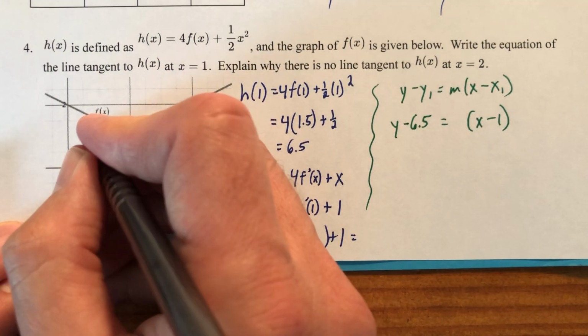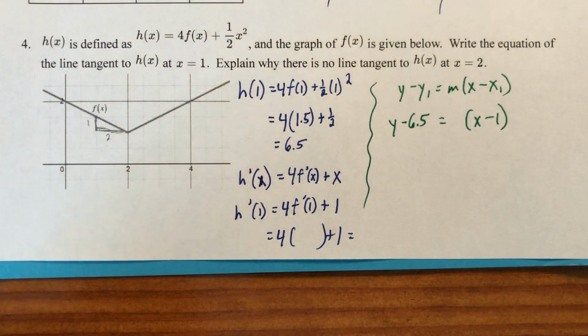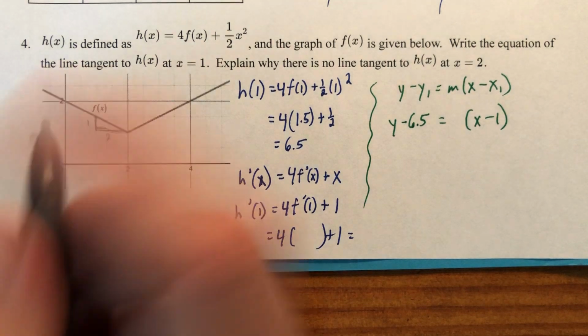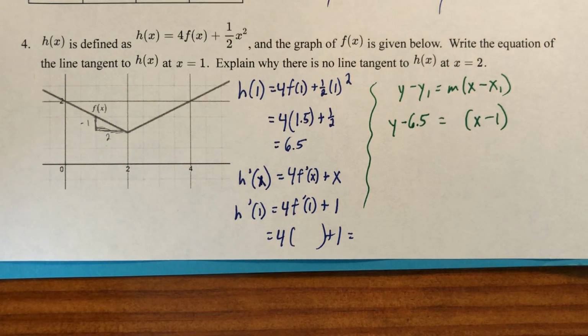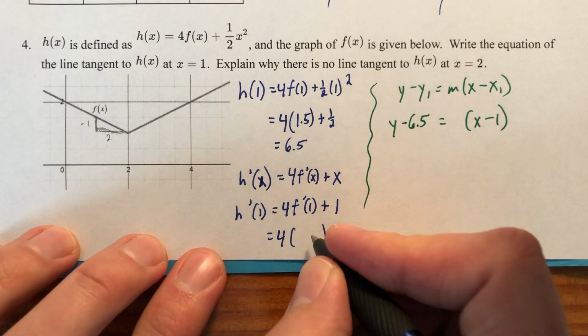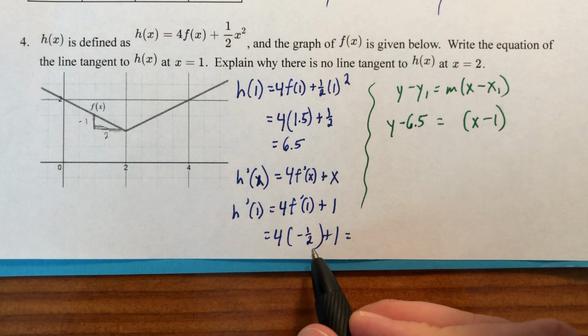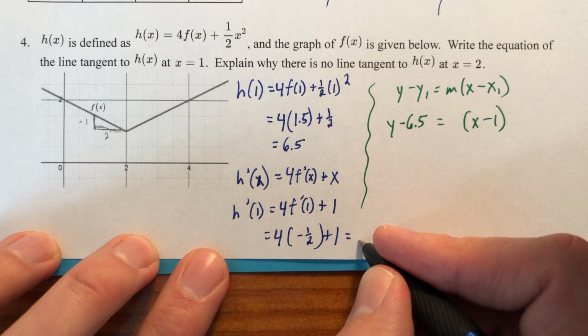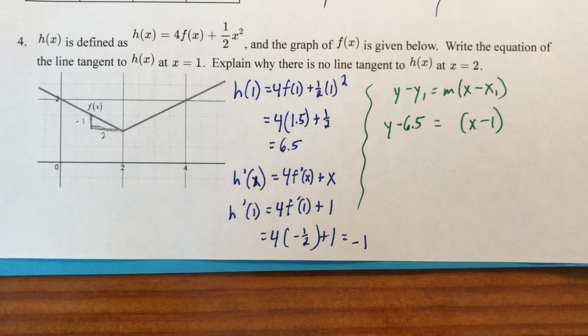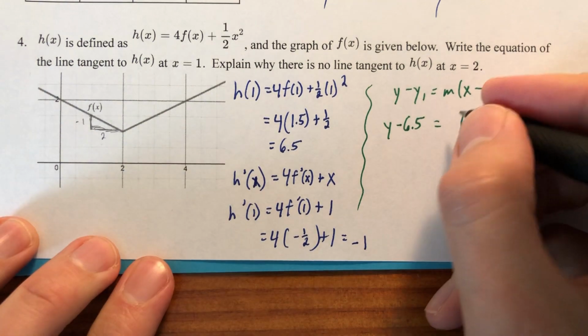So the slope of that is negative 1/2. 4 times negative 1/2, that'd be negative 2. Negative 2 plus 1 would be negative 1. There we go. We have found our slope. It took us a minute, but we found our slope.